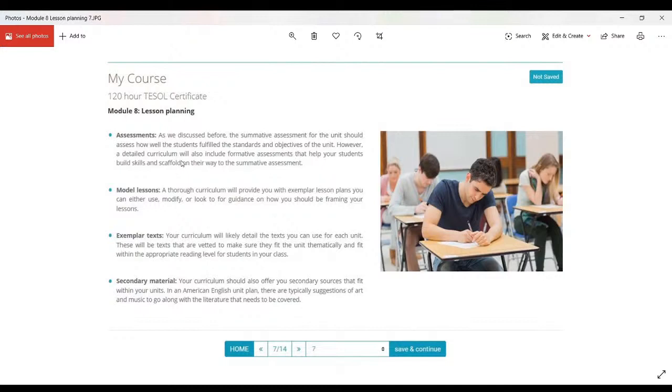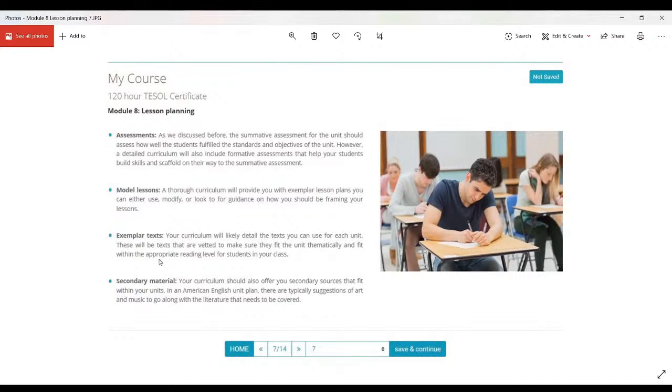However, a detailed curriculum will also include formative assessments that help your students build skills and scaffold on their way to the summative assessment. Next, model lessons. A thorough curriculum will provide you with exemplar lessons or lesson plans you can either use, modify, or look to for guidance on how you should be framing your lessons.